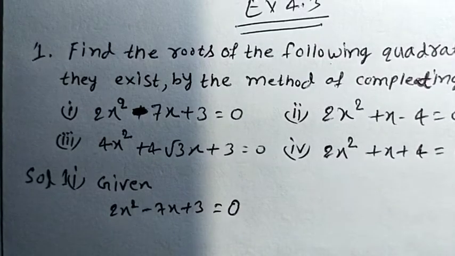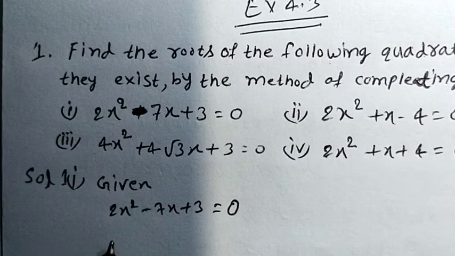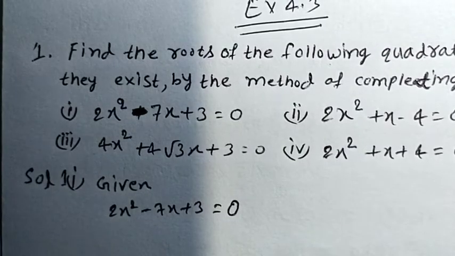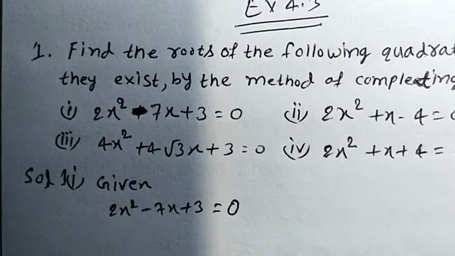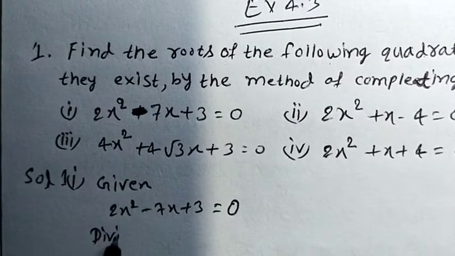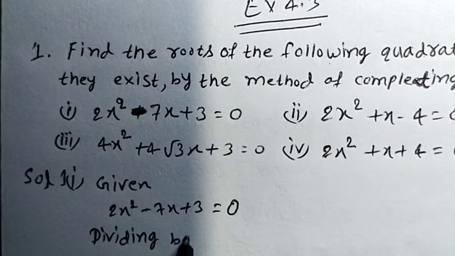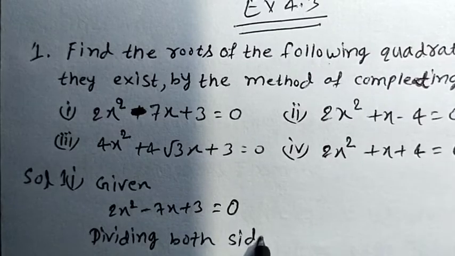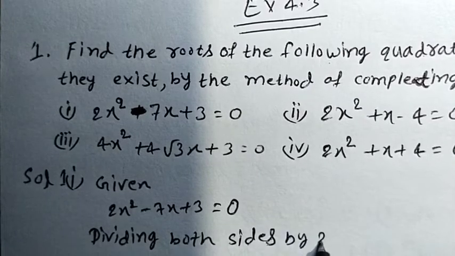Now, this is the 2, and we know that 2 is not a perfect square. So we divide both sides by 2.